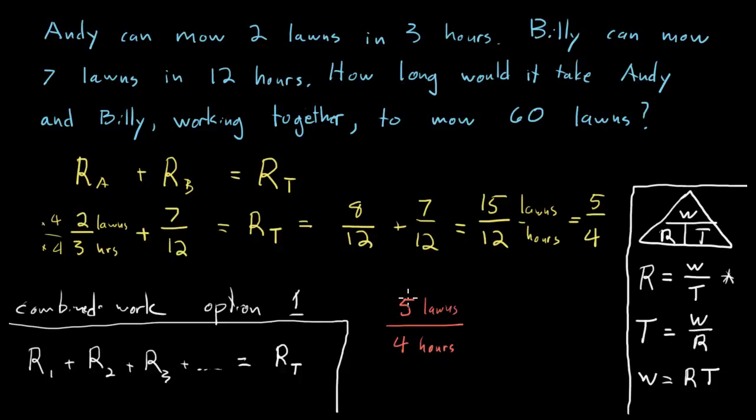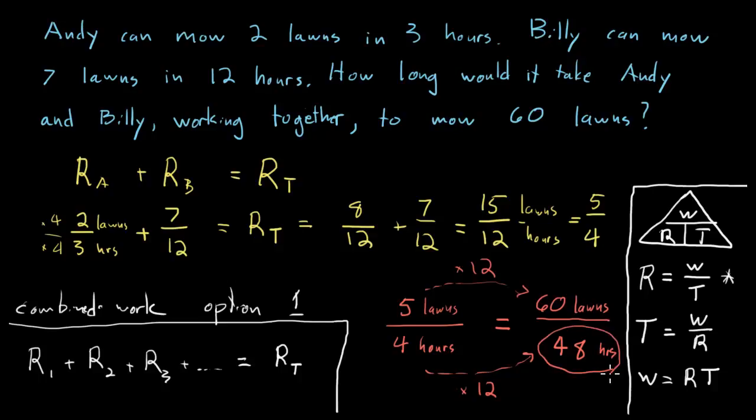And that relationship will be maintained no matter how many lawns or hours we're talking about. So if we want to convert that to 60 lawns, we can think of this as a ratio. 5 is to 4 as 60 is to what? To get from our 5 to our 60, we multiply by 12. So to get that bottom number, we multiply by 12 to get 48 hours. So it would take them 48 hours to mow those 60 lawns.